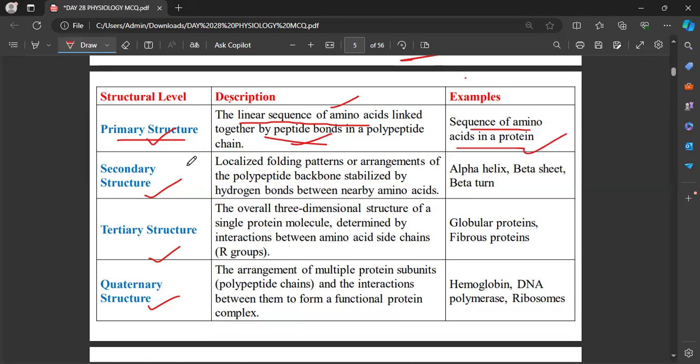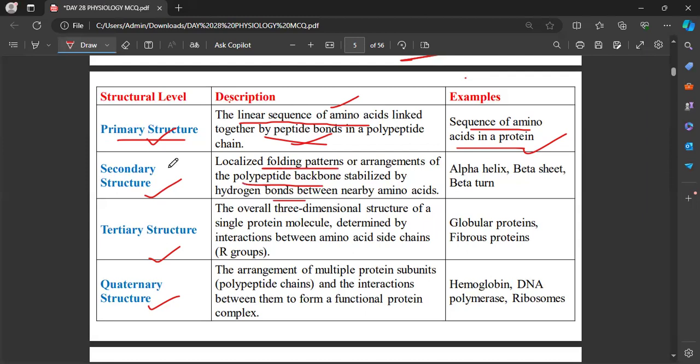But in the secondary structure, we can find foldings. We can find the folding pattern, an arrangement of polypeptide backbones stabilized by hydrogen bonds. You should know what bonds are involved in this particular structure, that is an important thing.